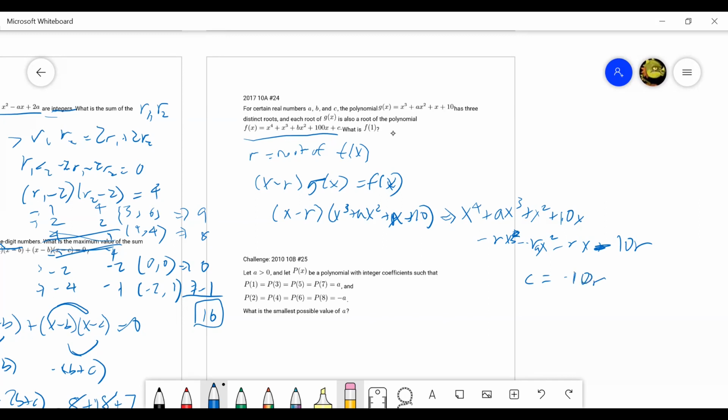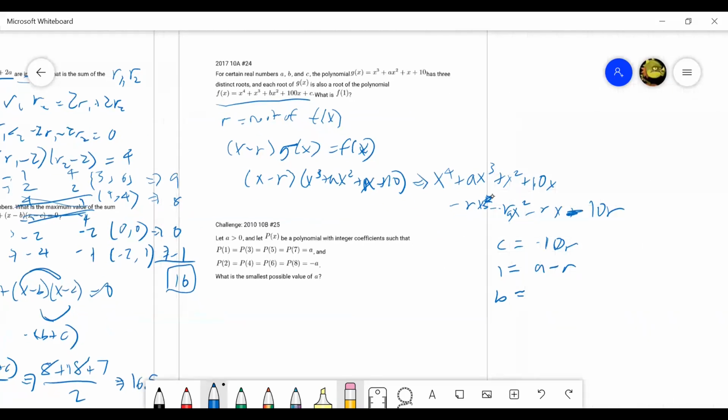I'm actually going out of order here. If we look at the coefficient of the x cubed term, that must mean 1 is equal to a minus r. From the x squared term, b is equal to 1 minus a times r.